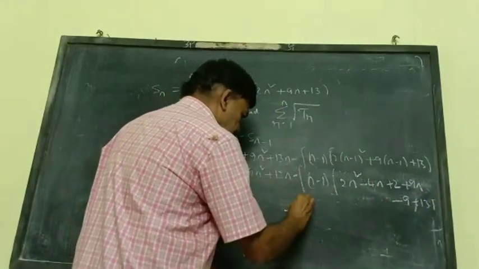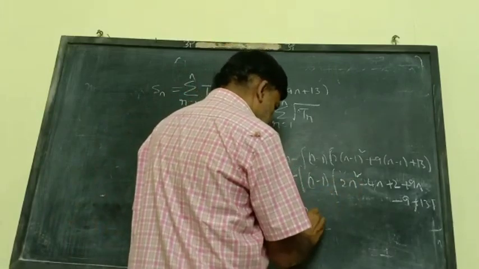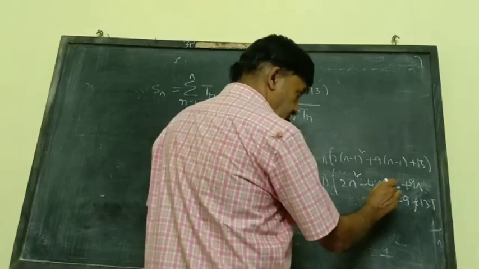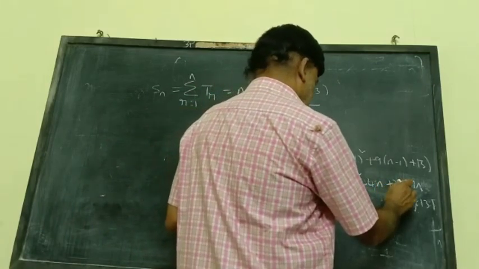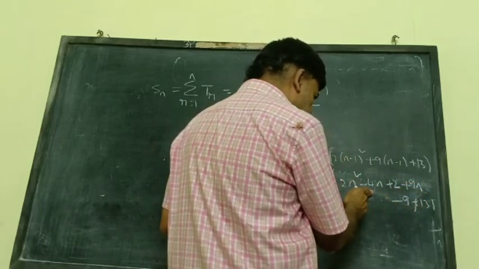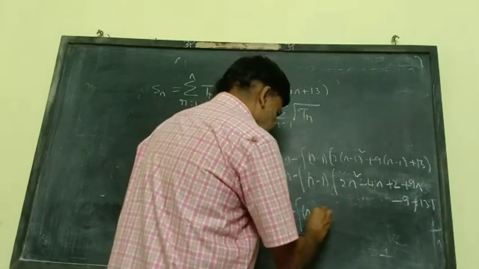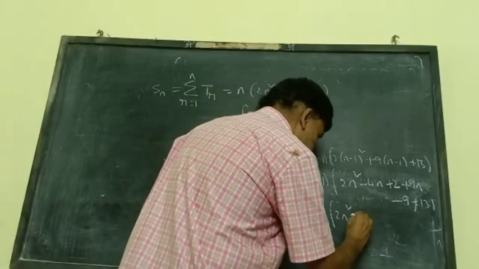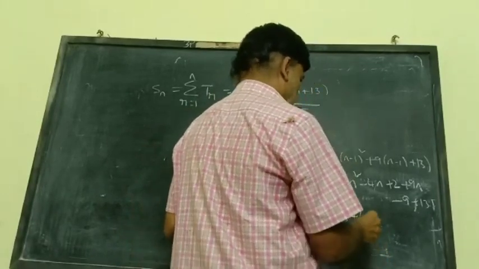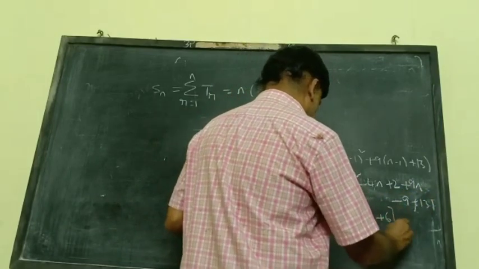So this is minus of n into this, 2n cube, 9n minus 4n, (n minus 1) into (2n squared plus 5n), this is 15 plus 6.